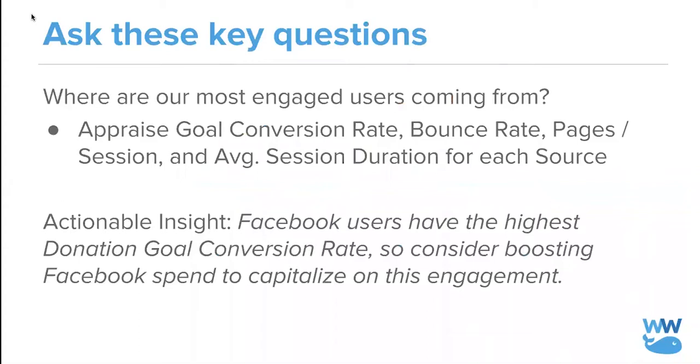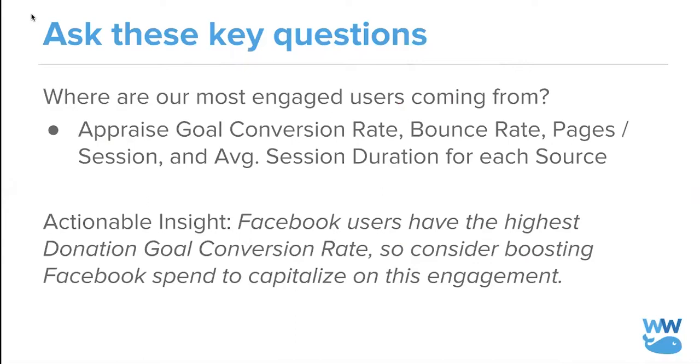How often are they bouncing? How many pages are they visiting each session? And how long are they spending on the site for each visit? So if we are in the channels report looking at engagement by channel, or looking at engagement by specific sources, we might draw the insight that, oh, look, the Facebook users have the highest donation goal conversion rate.